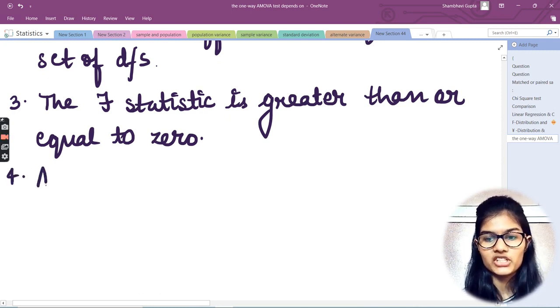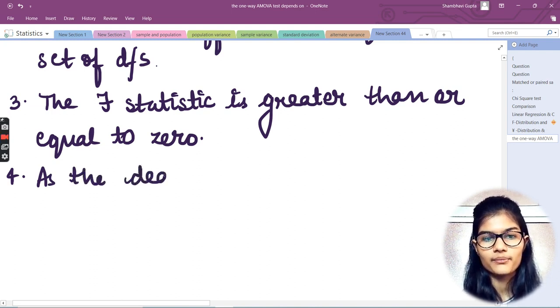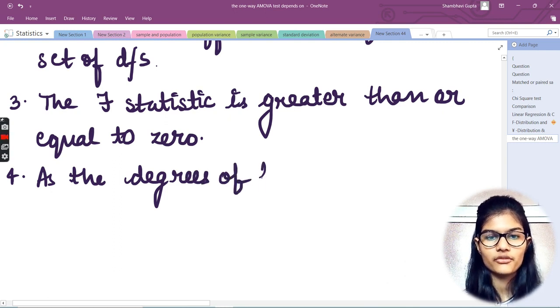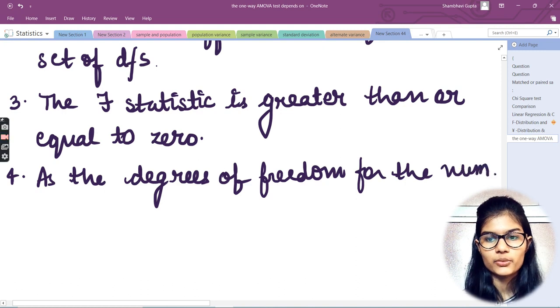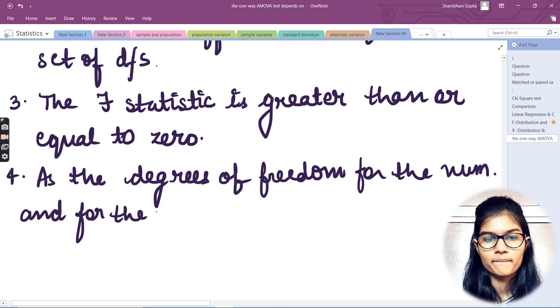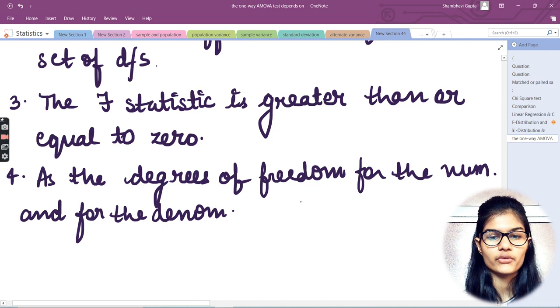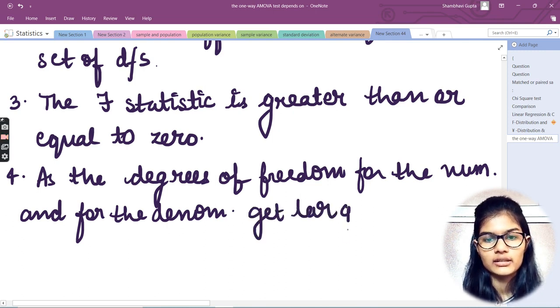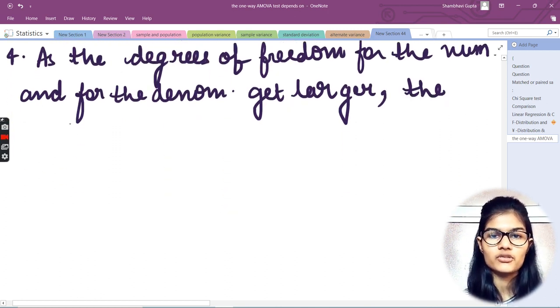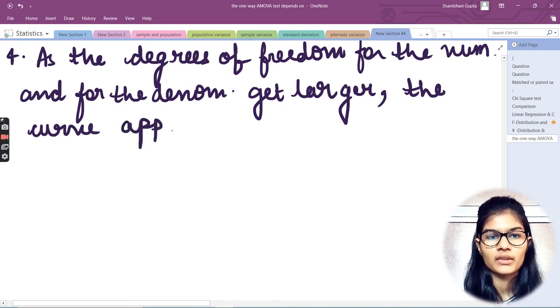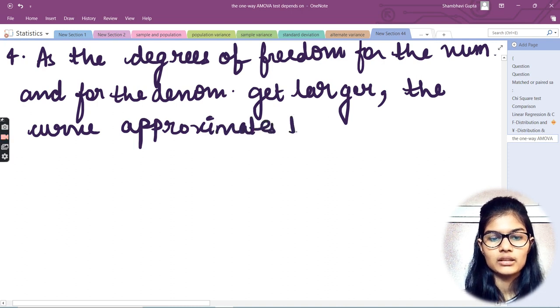Next we have number 4. The next fact is that as the degrees of freedom for the numerator and for the denominator get larger, the curve approximates the normal. So as the degrees of freedom for the numerator and for the denominator get larger, the curve approximates the normal.